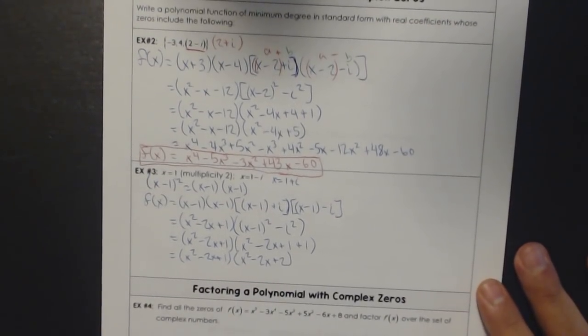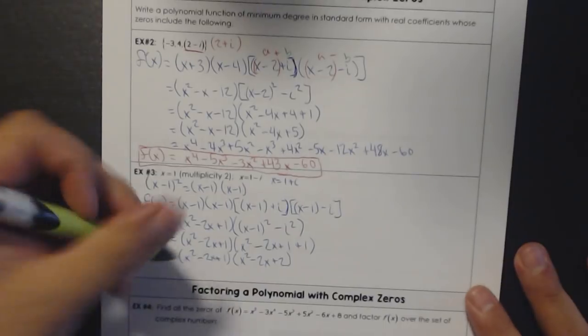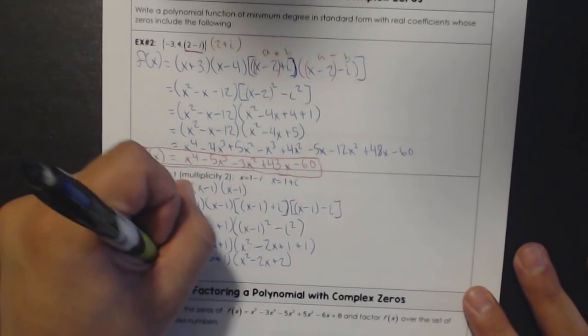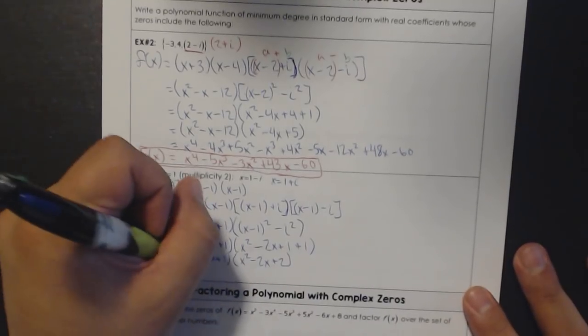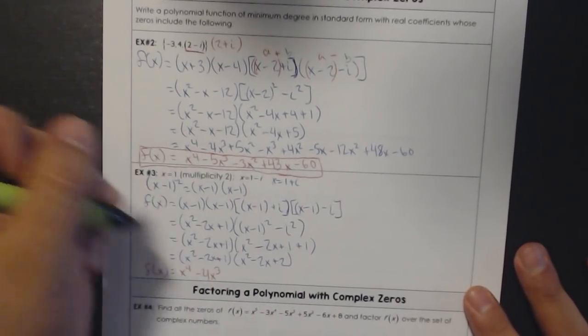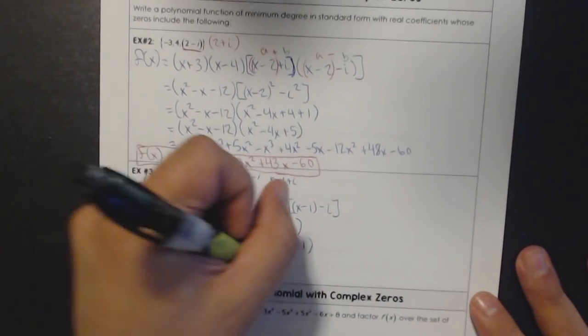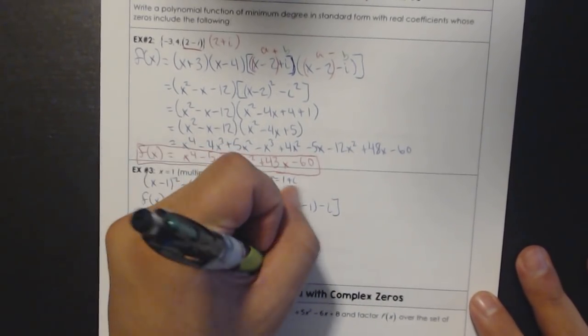I FOIL these out, combine like terms, I get f of x is equal to x to the 4th minus 4x to the 3rd plus 7x squared minus 6x plus 2.